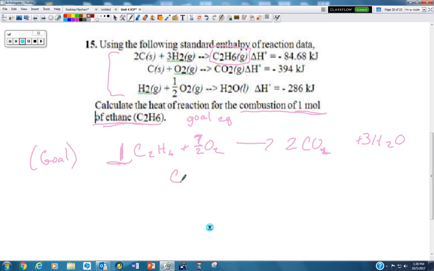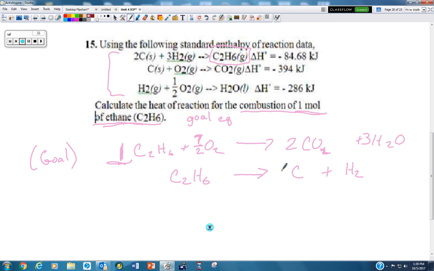So I'm going to write C2H6. One of the things you want to try to do is line up your arrows so that they stay in line. It'll make life easier as you're doing it. So C2H6, and then we have carbon plus hydrogen.